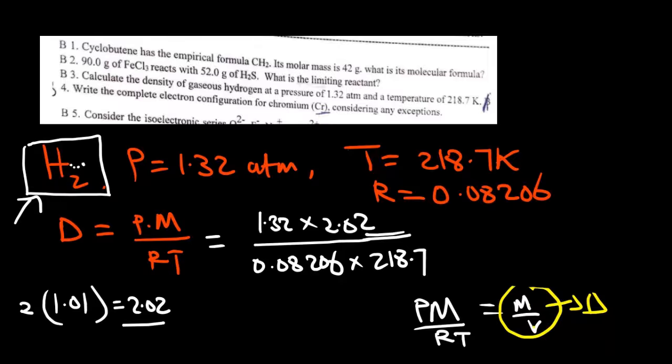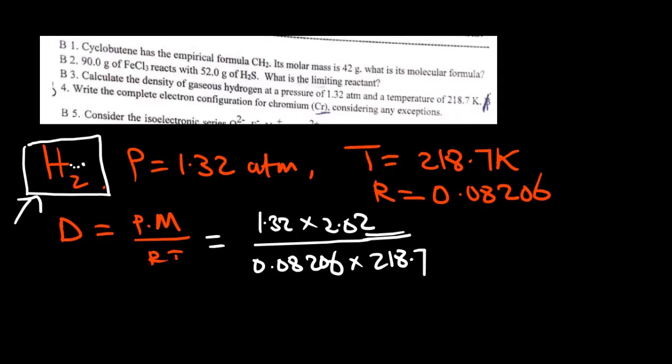Then we go on our calculator and simply punch in those values. So on my calculator, I'm going to write 1.32 multiplied by 2.02, divided by 0.08206 multiplied by 218.7.